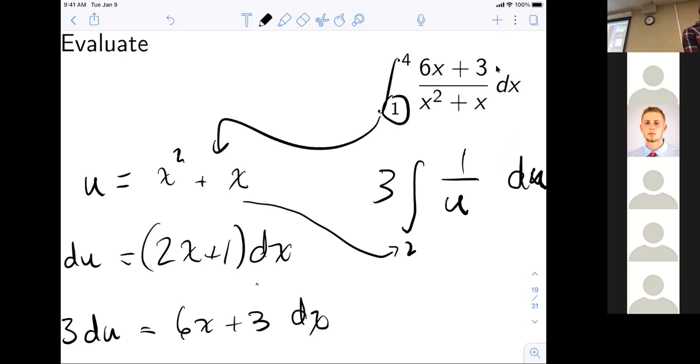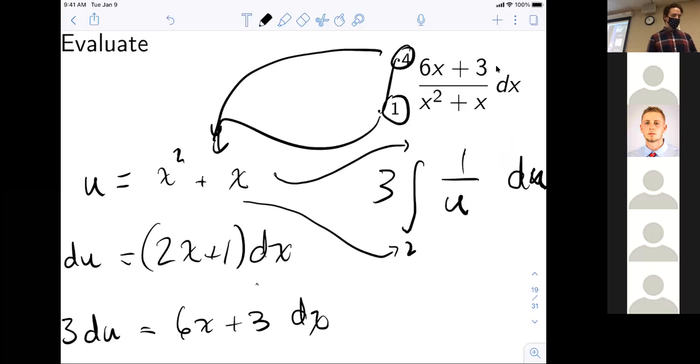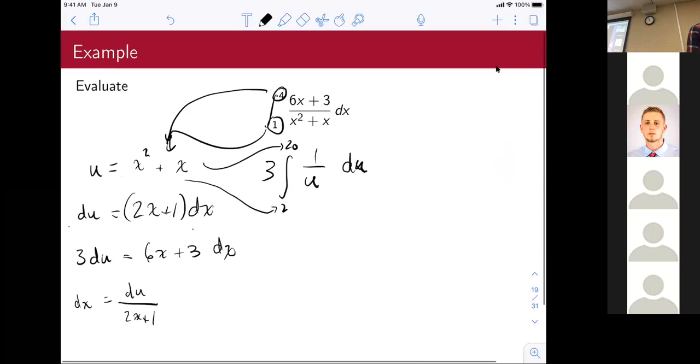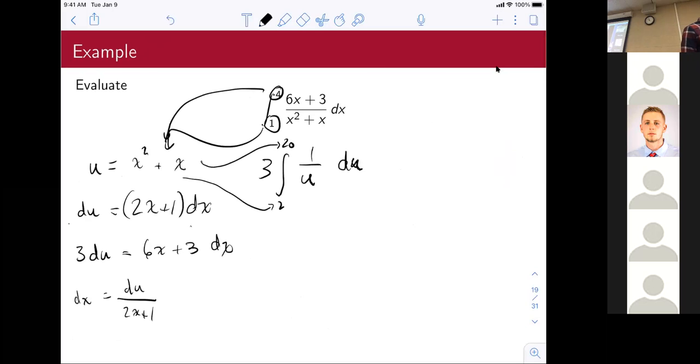Plug in 4, exactly right. When I do that, 4 squared plus 4, that's 16 plus 4 is 20. Okay. So then the only thing we need to ask ourselves is what function do I know that has a derivative of 1 over u?